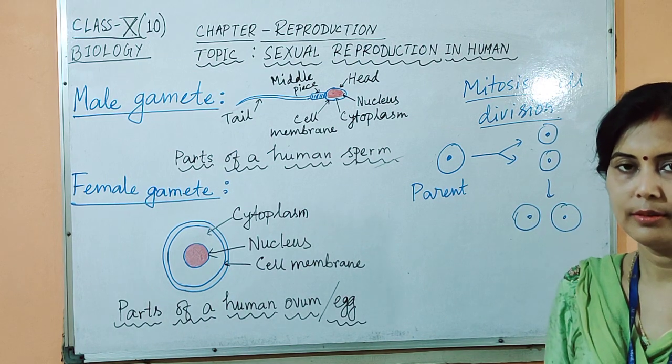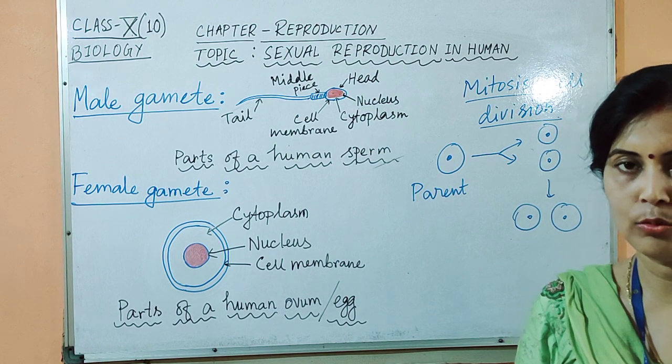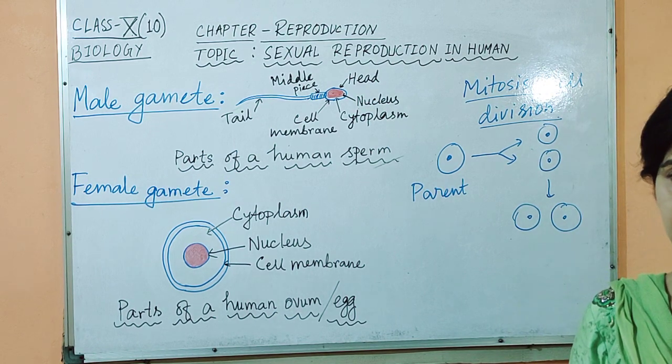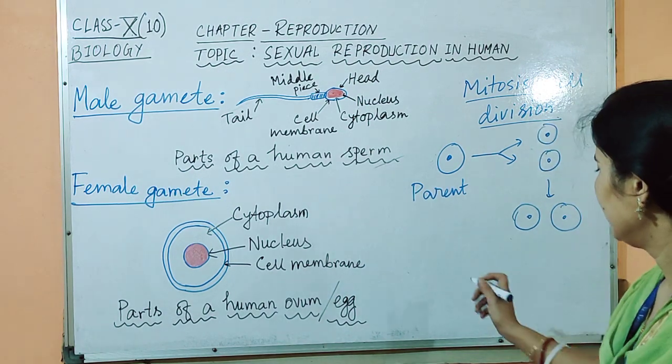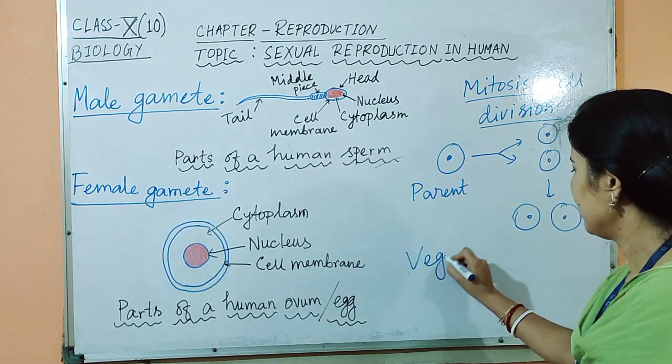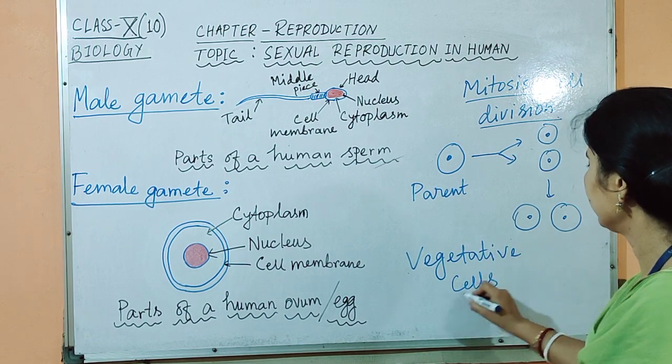Daughter cells then finally transform into 2 parent cells again, mature into 2 cells. Okay, so vegetative cells or body cells divide by the process of mitosis.